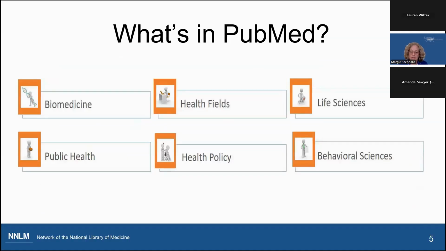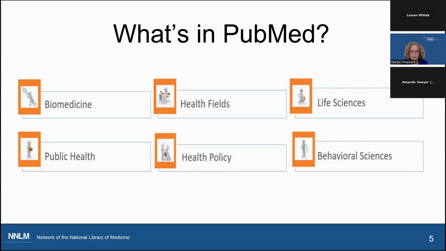So PubMed is the National Library of Medicine's free database of more than 40 million citations for articles in the fields of biomedicine and health. It's used by over 3.5 million unique users from around the world each day, and that includes clinicians, researchers, students, librarians, and many more. So what are some of the ways that you can use PubMed?